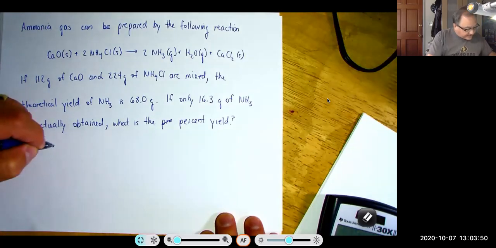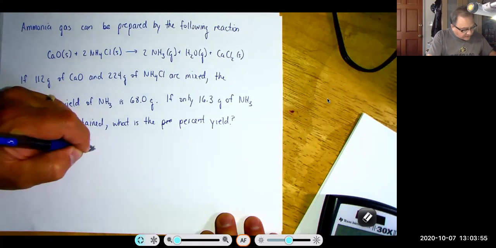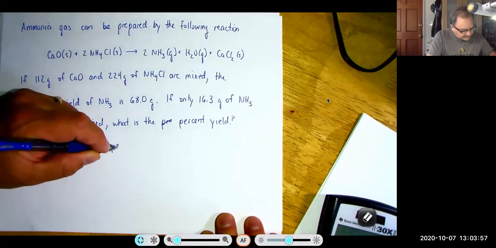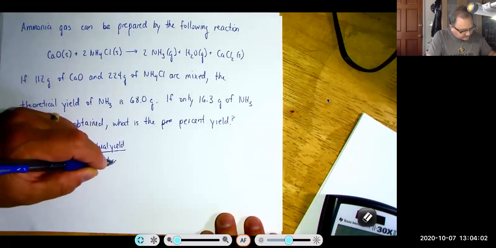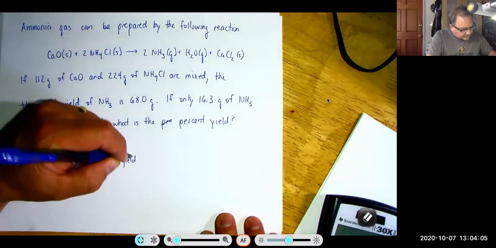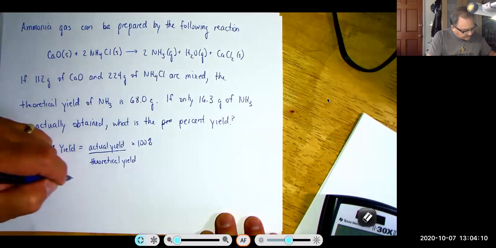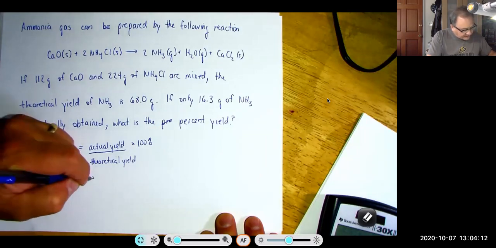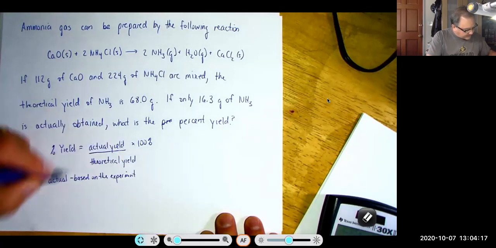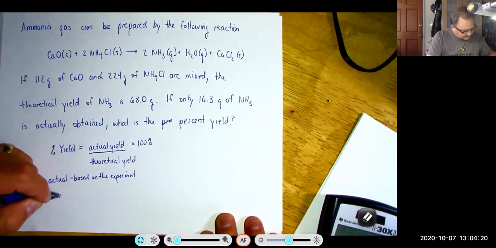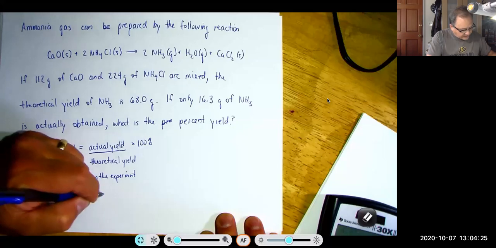So percent yield is equal to the actual yield over the theoretical yield times 100%, where the actual is based on the experiment and the theoretical is based on the limiting reactant.